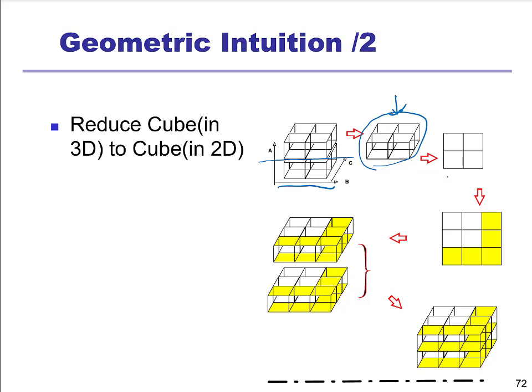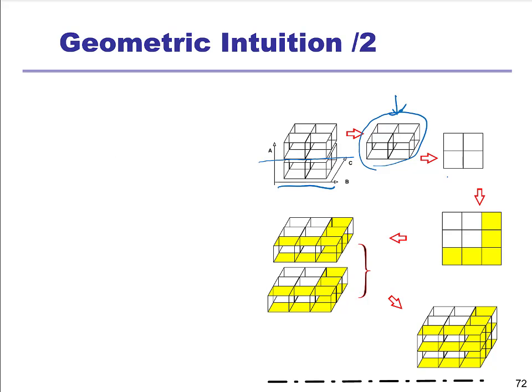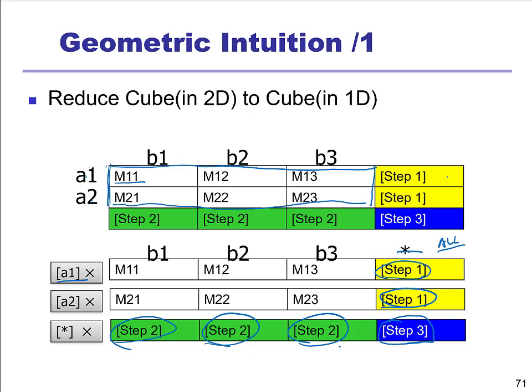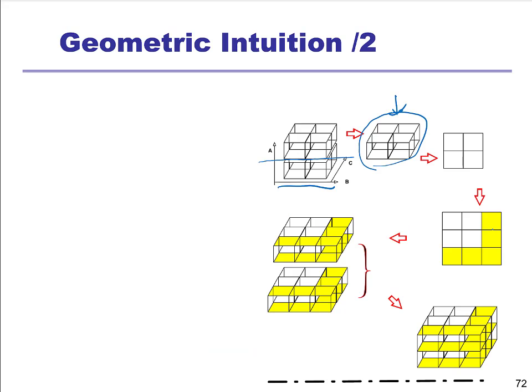And for a 2D cuboid, we actually know how to do it, right? We have discussed this here. So given a 2D cuboid, we know how to compute the rest part, which here is the yellow part.